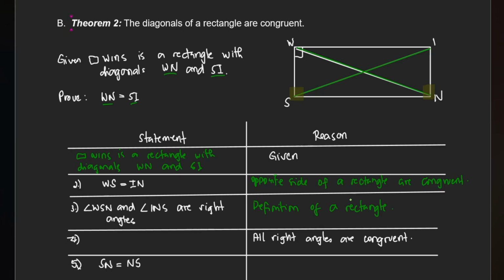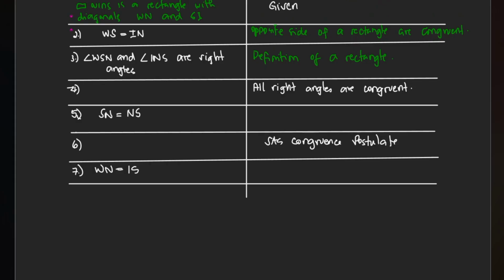Okay? How about number 4, the fourth statement? So we have here yung reason natin, all right angles are congruent. What do you think? All right angles daw are congruent. So make sure if you create the statement 4, you have to observe ano yung nandun sa statement number 3. So ano yung nakita nyo dyan?